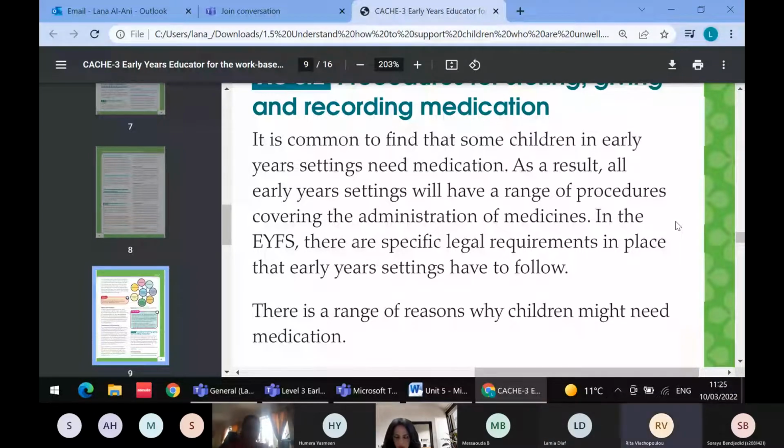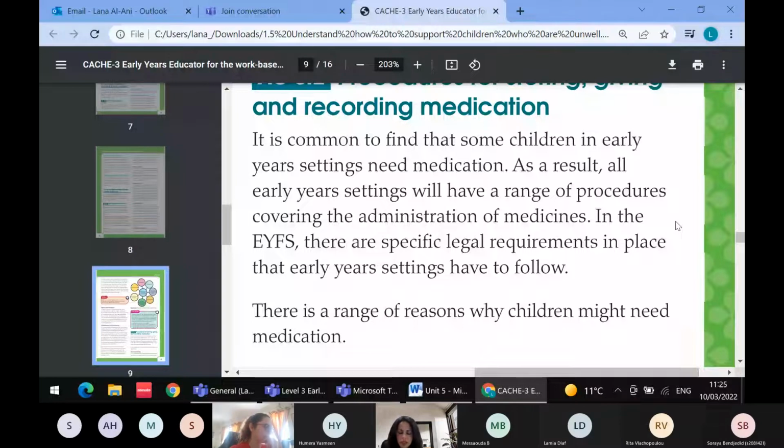Well done. A first aid box should be available at any time. It's not just for when we see the child unwell, because we waste time when we go looking for the medication.